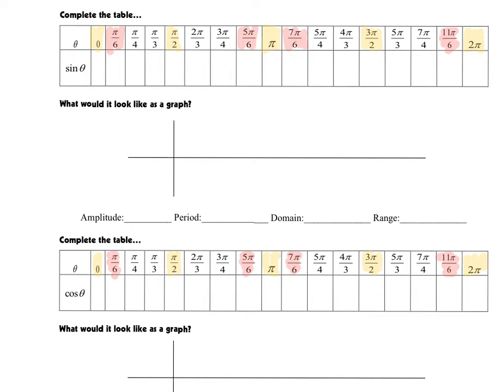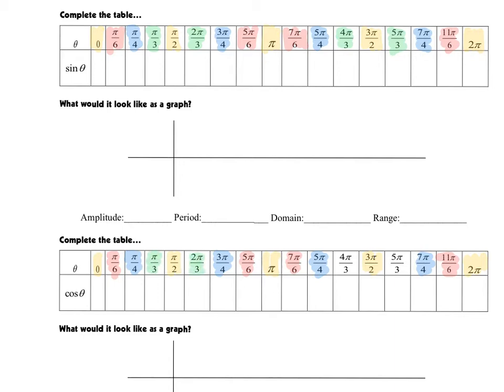We also have our key values for our 45-degree reference angle, our pi over 4, 3 pi over 4, 5 pi over 4, 7 pi over 4, and we have them down here with our cosine as well. And then lastly, we have our 60-degree reference angles, and we have all of those here as well. So it's important to see how these all break down.